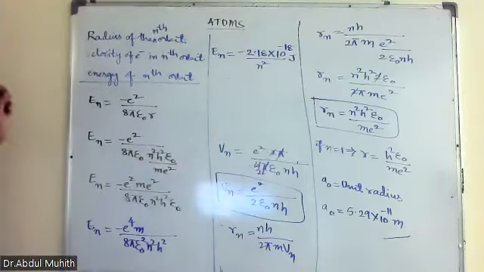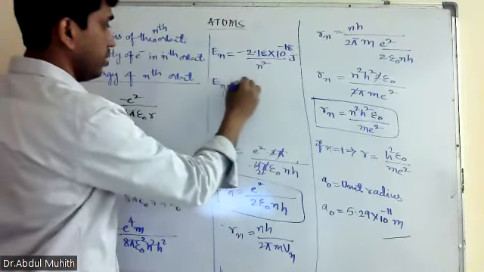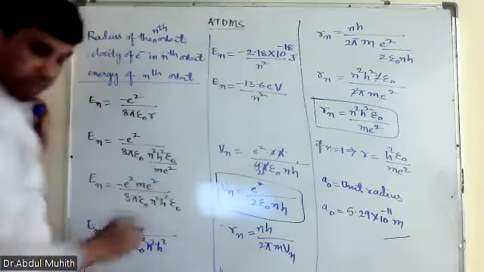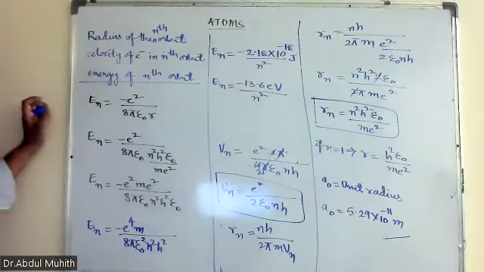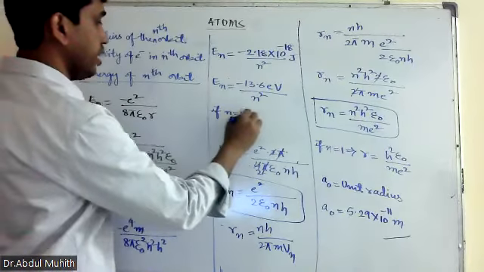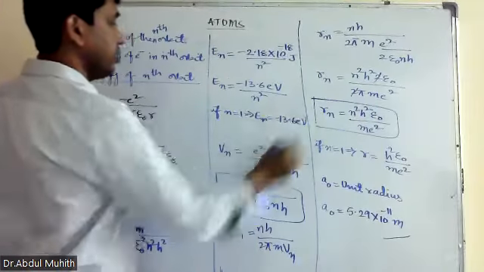Okay. So in electron volts, it is equal to what? Minus 13.6 electron volt divided by n square. Is that clear? So if n is equal to 1, then what will happen? En will be equal to minus 13.6 electron volt. This is the energy of the first orbit.